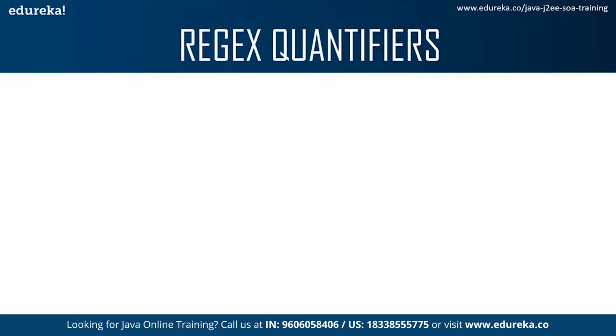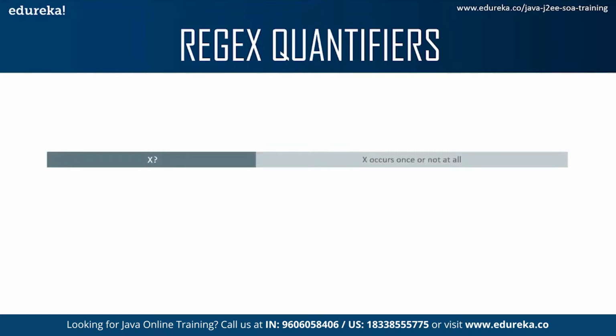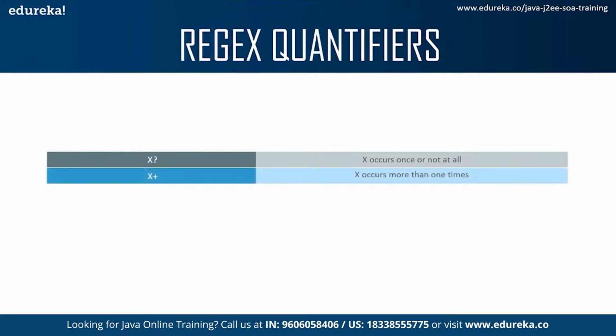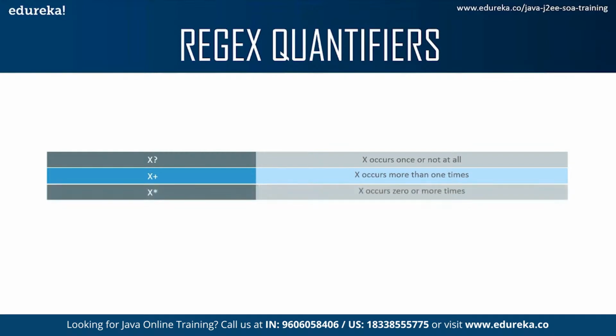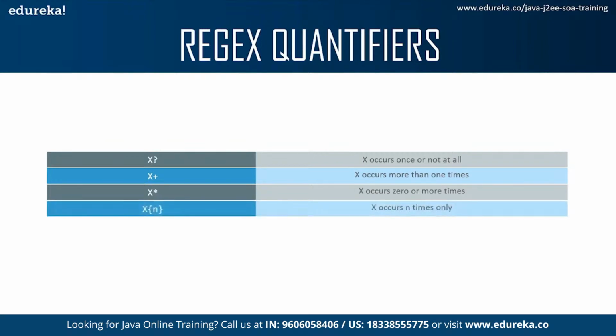Even this comprises various methods. For example, X followed by a question mark implies X occurs either once or not at all. Then you have X plus, which implies X occurs one or more times. And X with a star, that is the multiplication symbol, implies X occurs 0 or more times. If you have X followed by N within curly braces, it implies X occurs N times only.